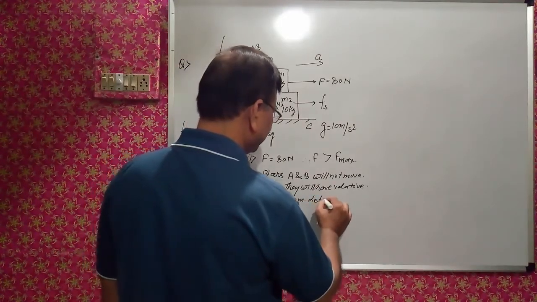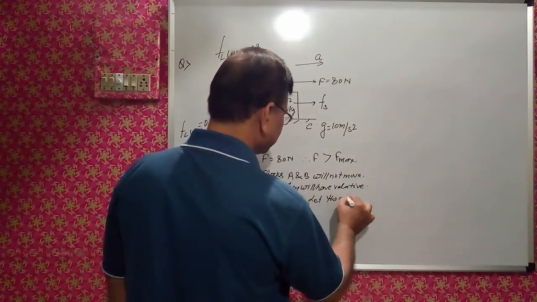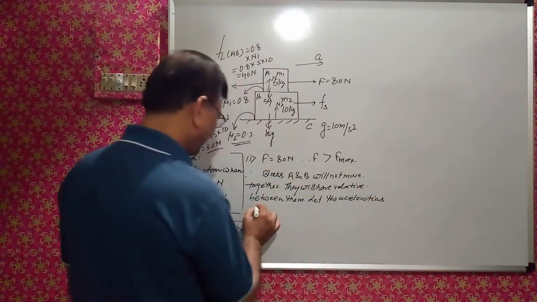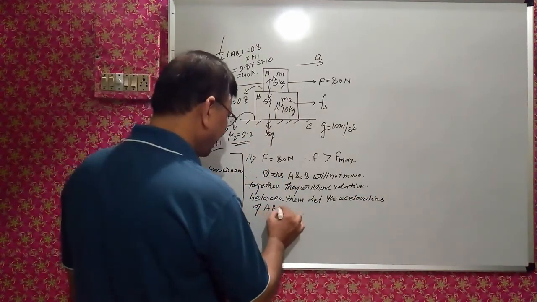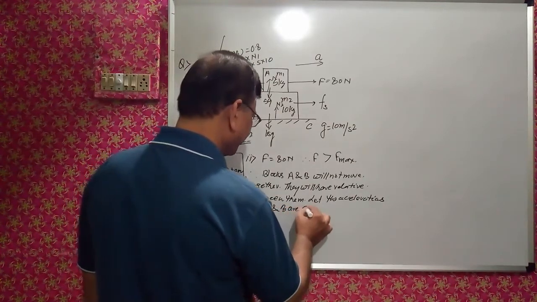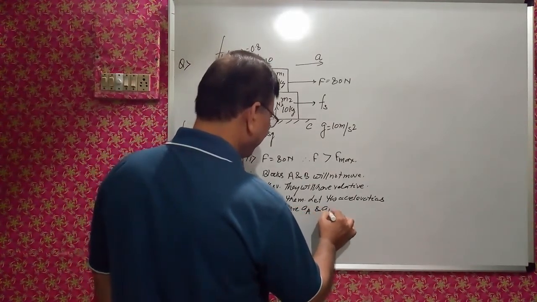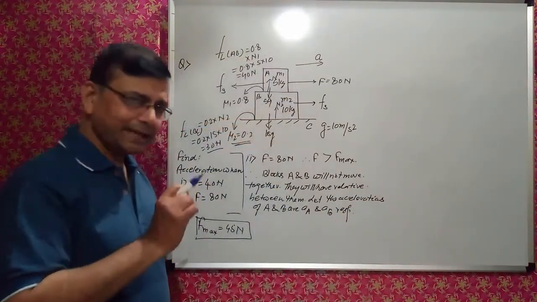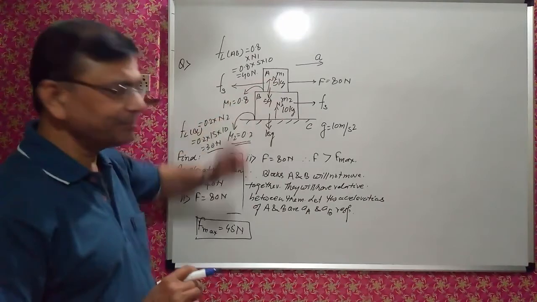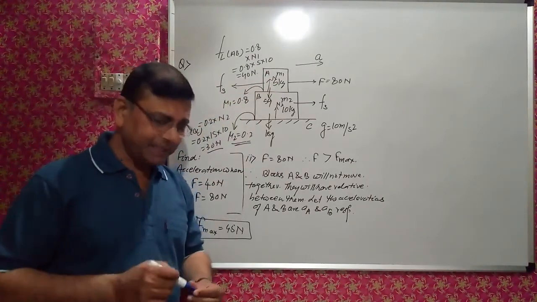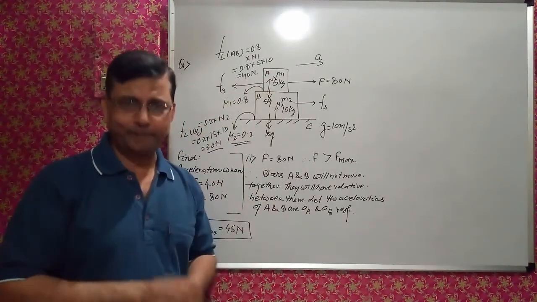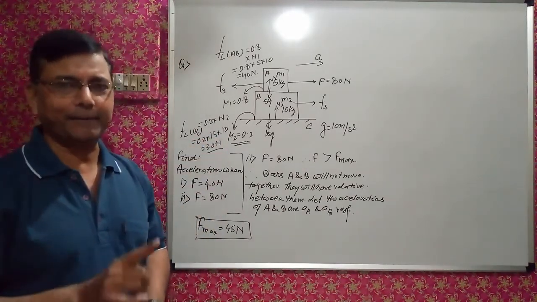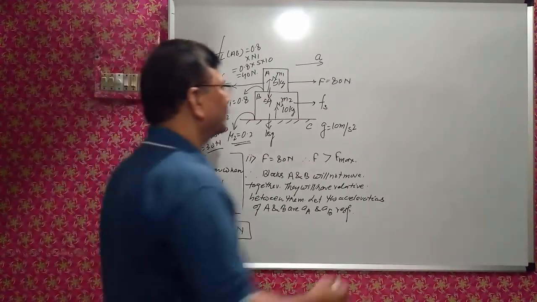Let the accelerations of A and B be AA and AB respectively. Now at this time, since there is relative motion between these two, the frictional force acting on the surfaces will be the limiting friction, right?